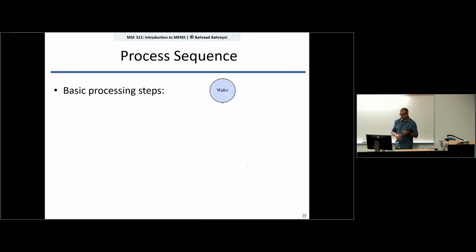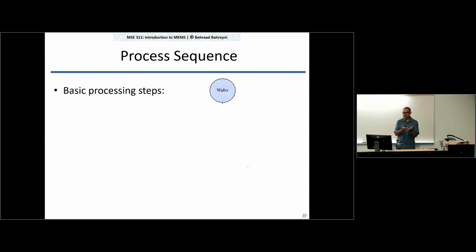Now, we said that the MEMS manufacturing is different from your traditional manufacturing. This is a general overview of the process, and we come back to this sequence over and over in this course. But what happens in general is that you start with a wafer, and this wafer is actually round in most cases. It's a circular wafer, and that's your fundamental mechanical backing, right?